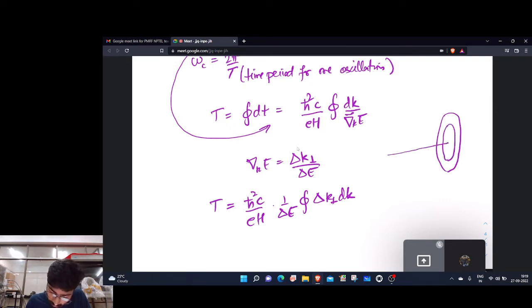Okay, so this becomes k plus dk, inner is k, or I think there is a small mistake that I'm making here in drawing the diagram.